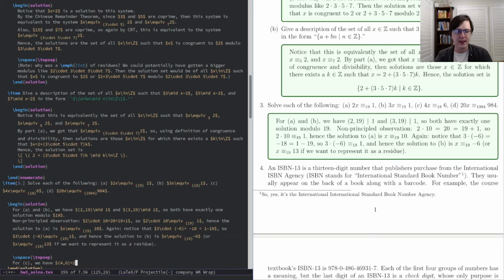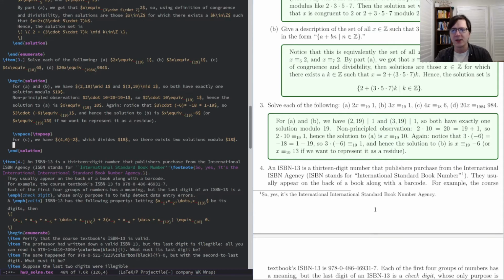The GCD of 4 and 6 is 2, which divides 18. So there exist 2 solutions modulo 18. The lecture gave a way to just write the solutions down once you find one solution. But another thing we can do is reduce this.